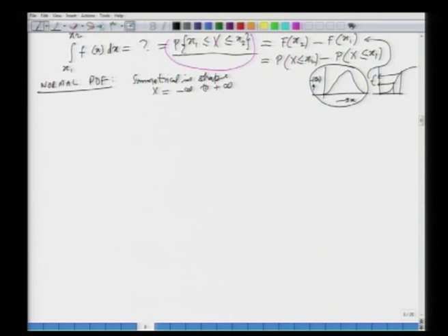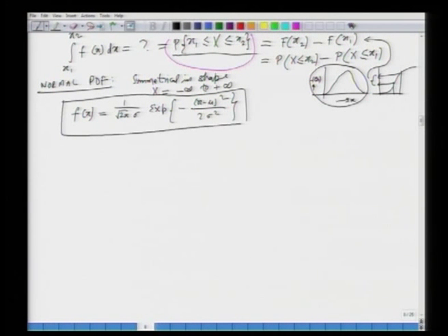The equation of the PDF is given as follows: e to the power, or exponential, of negative x minus mu squared over twice sigma squared. I am sure you may have seen this equation earlier. So, this is the famous PDF for the normal distribution, where let us define all these parameters.